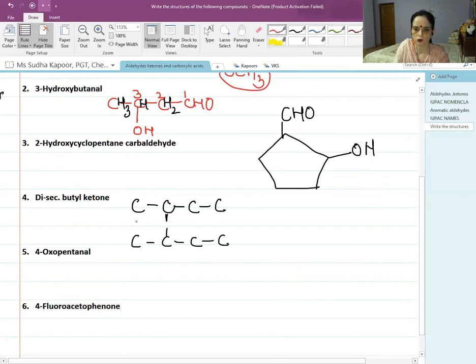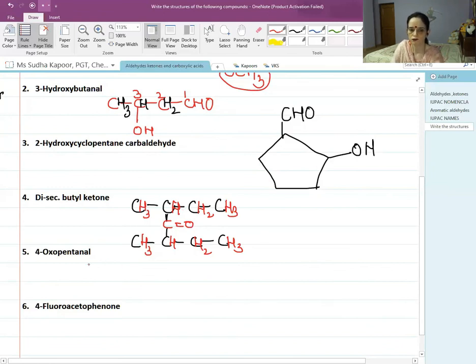And for the ketone, what we have to write in between the two is C double bond O. Sec and sec, ketone at the center. So let us complete the H also: CH3, CH3, CH, CH2, CH3. All the hydrogens must be completed everywhere they are missing.